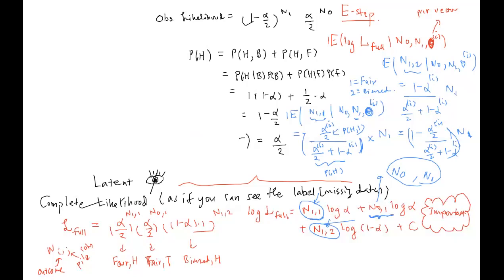Okay, so now let's see, I'll just use a notation. Let's say I call it Q, the expectation of log L. So this will be, this thing here, the expectation is this one, right? So I will have the following.